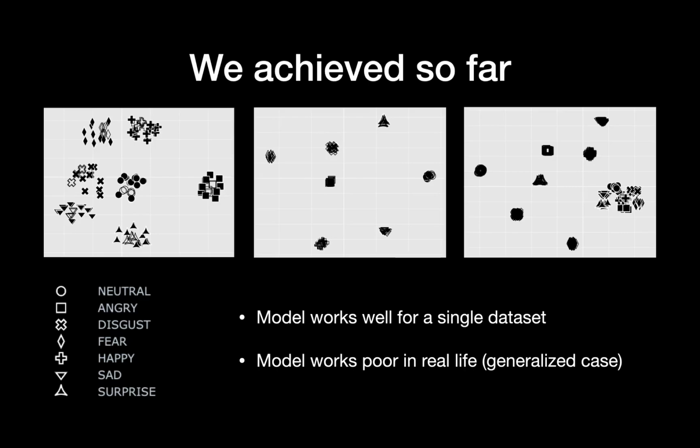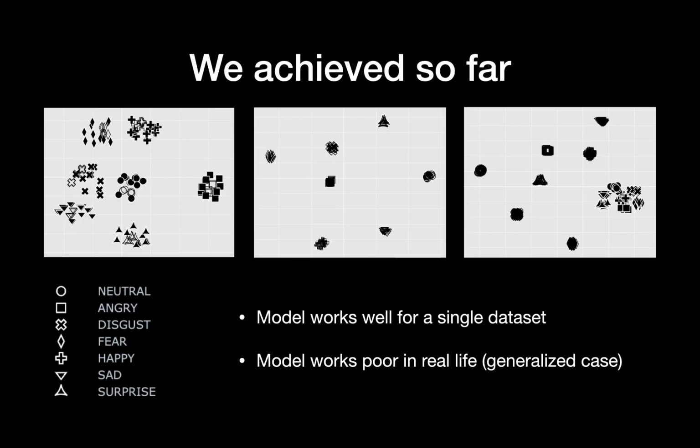Two facial expressions of the same kind are discriminated from each other. They are segregated, separated. So while the model works well for a single dataset, it works poorly in real life cases, in this generalized case.